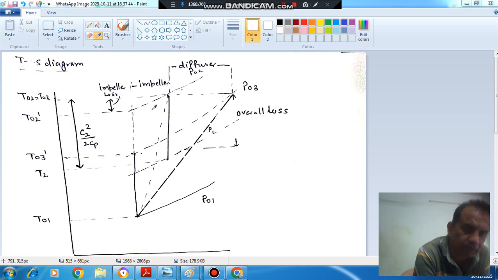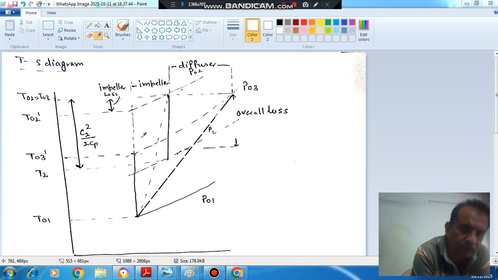If the process in the impeller is isentropic, and the pressure rises from P01 to P02, then the isentropic temperature would have been T02 dash. So this will represent your impeller loss, and this will represent your diffuser loss.